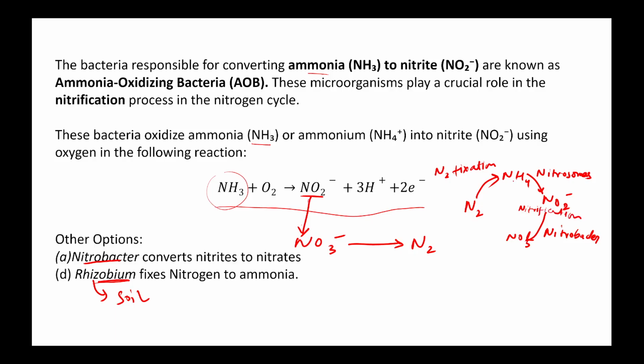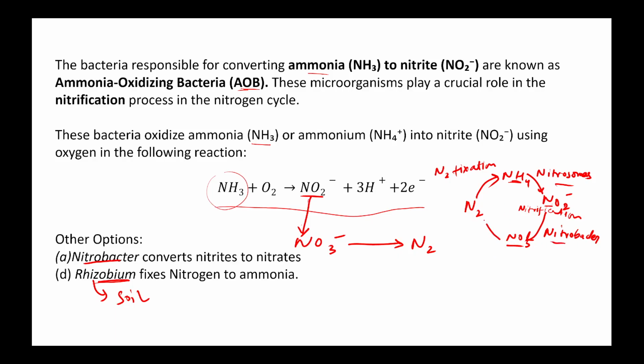This is basically an oxidation reaction. Ammonia is oxidized into nitrite and then further oxidized into nitrate. Nitrosomonas performs the ammonia oxidation, and is called ammonia oxidizing bacteria, AOB. The nitrite to nitrate oxidation is carried out by Nitrobacter.